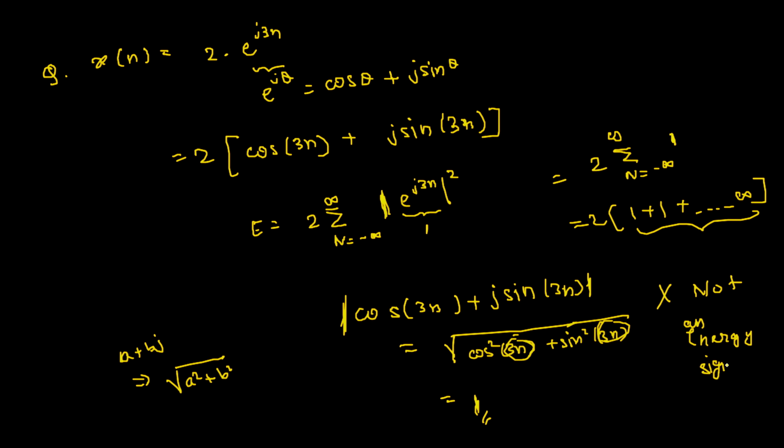So we need to proceed and check whether it's a power signal. For power signal, the formula is limit of n tending to infinity 1 by n into summation of n is equal to 0 to n minus 1, mod of x of n square. We already saw that this part is 1.